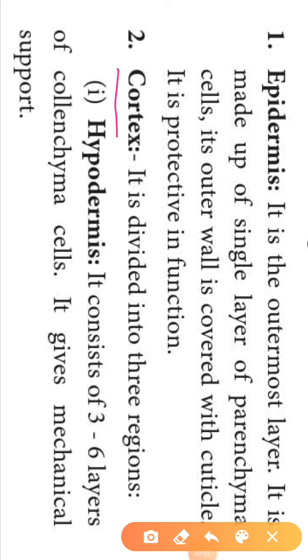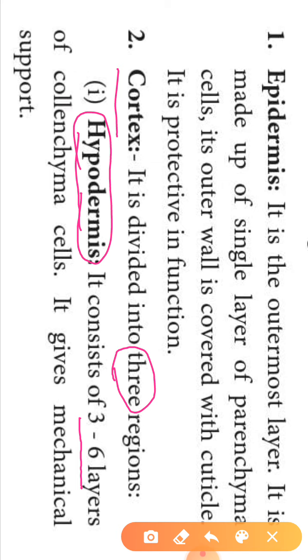Cortex. It is divided into 3 regions. Cortex is composed of 3 regions: hypodermis, middle cortex, inner cortex. First one is hypodermis. It consists of 3 to 6 layers of collenchyma cells.